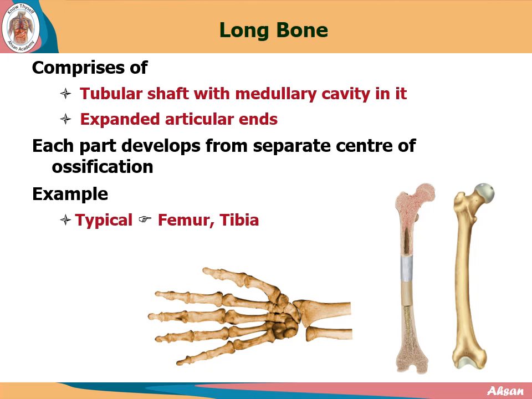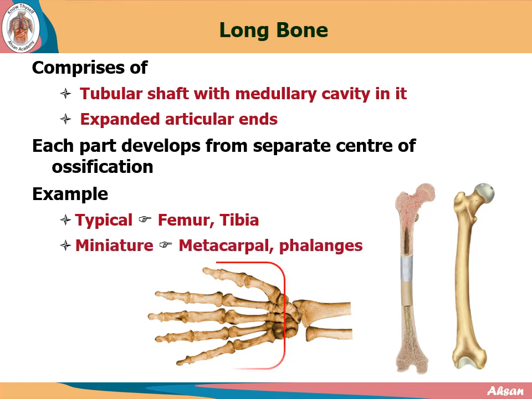We can give as examples of typical long bone the femur and tibia, and we can classify another form, that is the miniature long bone. These are the metacarpal and the metatarsal bones present respectively in hand and foot. These are a bit different. They have shaft, they have ends, but one of the ends is continuous with the shaft.